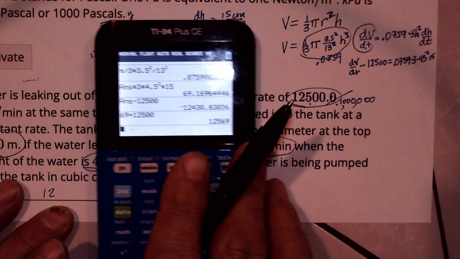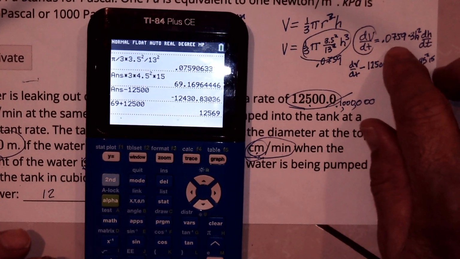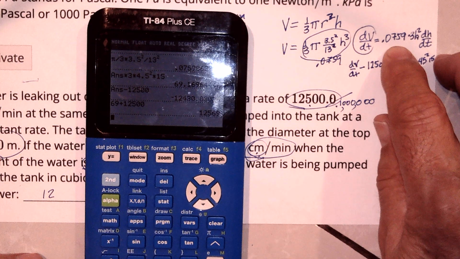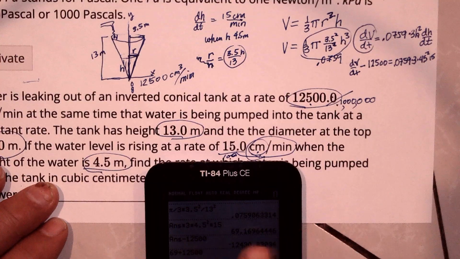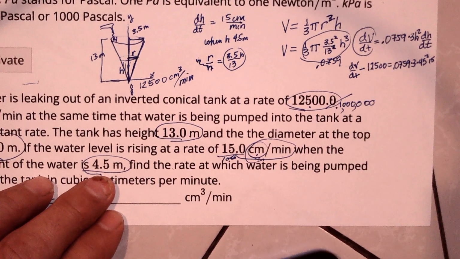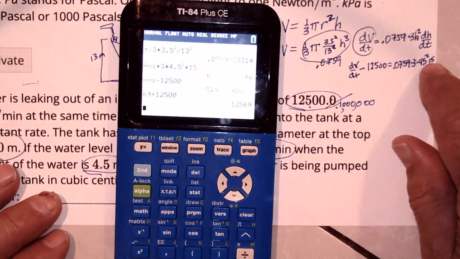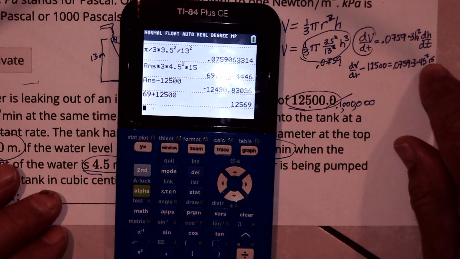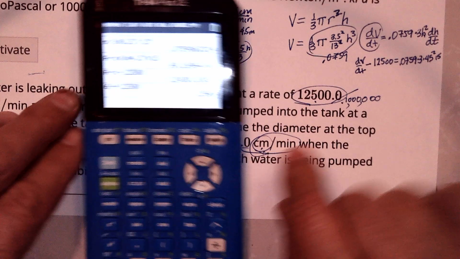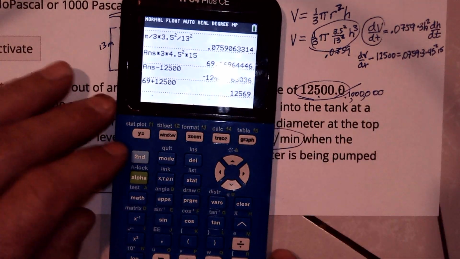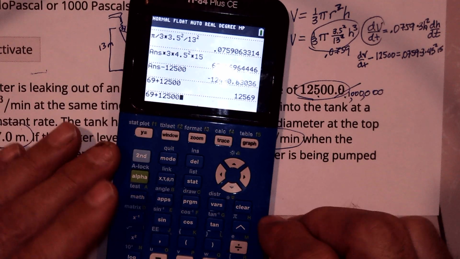So we're going to do this again. We have these were all meters. I just needed to change the height. No, the height was in meters, so that's 4.5, so that stays the same. So it's just the 15. So the 15 has to be divided by 100, so it's 0.15. Let's see.